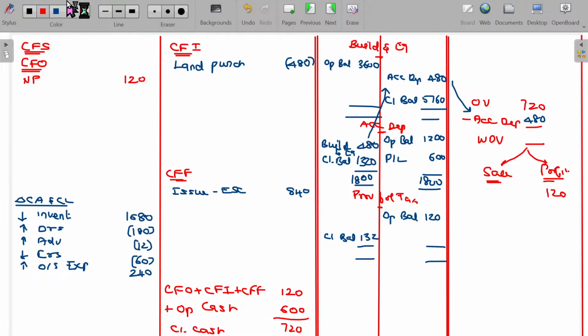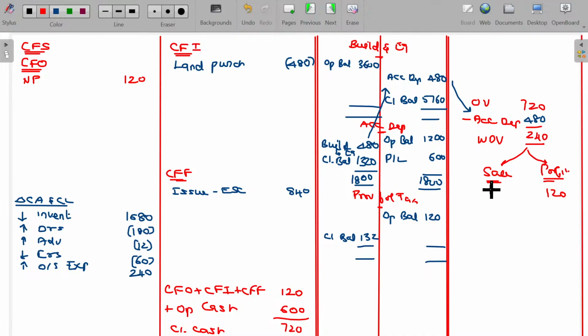720, the assets sold for some amount, I'm not sure at what rate it sold, but we came to know there's a profit of 120. Original value being 720, accumulated depreciation on this being 480 is going to be subtracted here to find out the WD value. The 480 is calculated by preparing these two adjustments, building and equipment as well as accumulated depreciation. If we have not prepared, then we are not able to get this value. From 720, if I subtract 480, what is the value I have? 240.